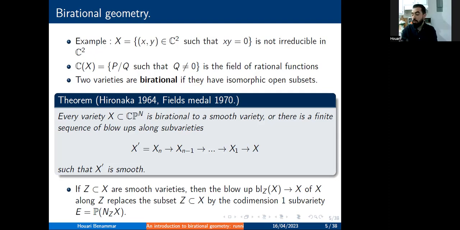That means you take any singular projective variety, and we can find a birational model for this variety, and this model is given by a finite sequence of blow-ups along subvarieties. Okay, so we start with X, we take blow-ups n times, and we arrive at a variety X prime such that X prime is smooth. So this is a very standard, basic result.